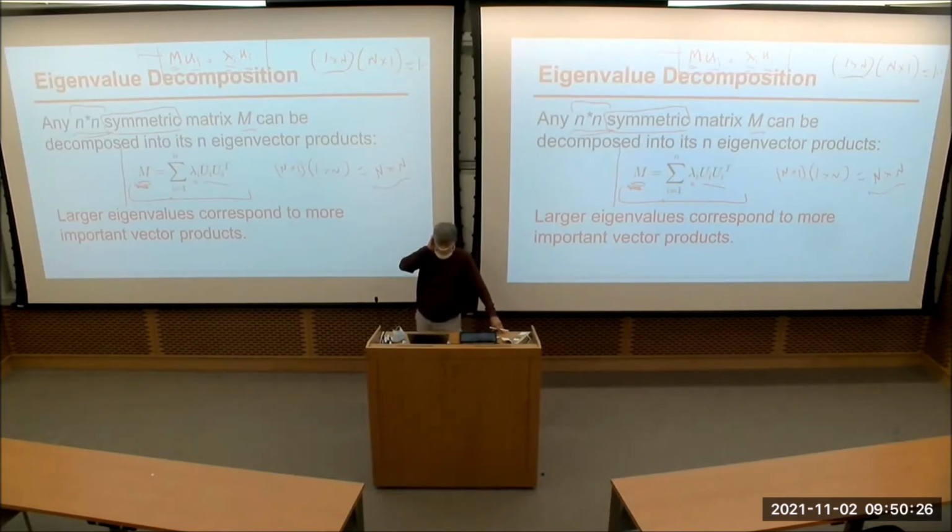Any questions about that? What's interesting is that we're now expressing the matrix as the sum of n things, and the importance of each thing is governed by the eigenvalue. There's a coefficient times the matrix. The larger eigenvalues represent the bigger contributions to what M looks like.